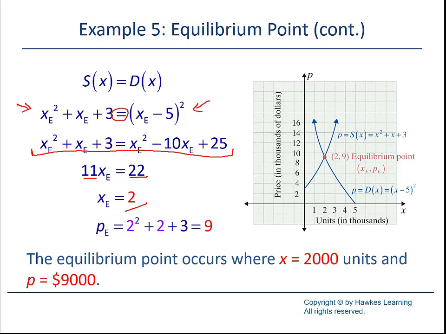And the 9, which is the price, is $9,000. So make sure you go back and using your found values, you put things in the proper units. Maybe it's in thousands, it could be in millions in some cases.